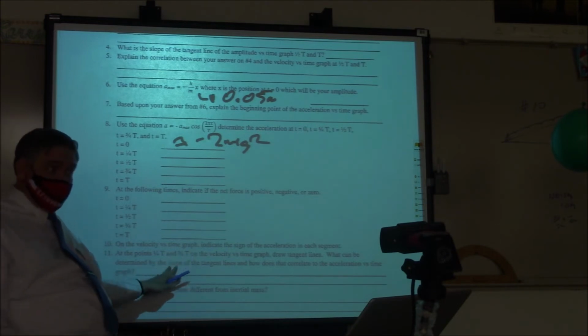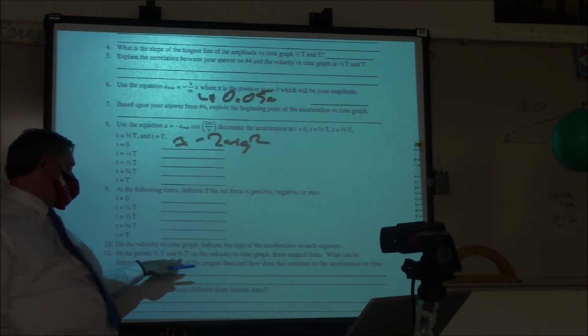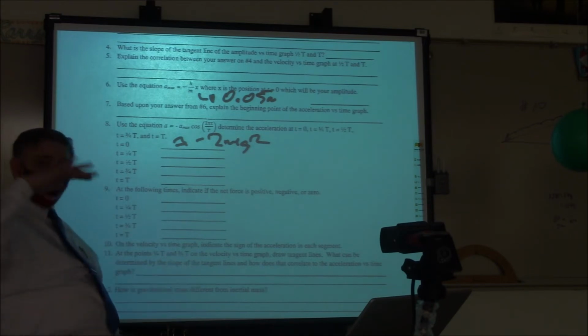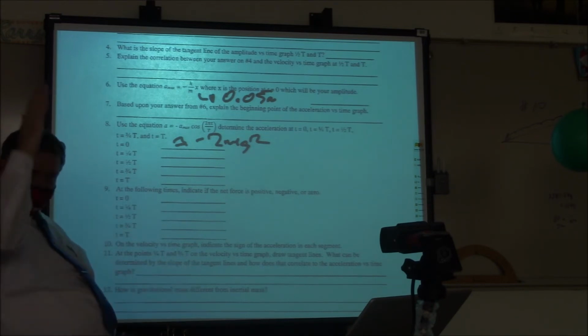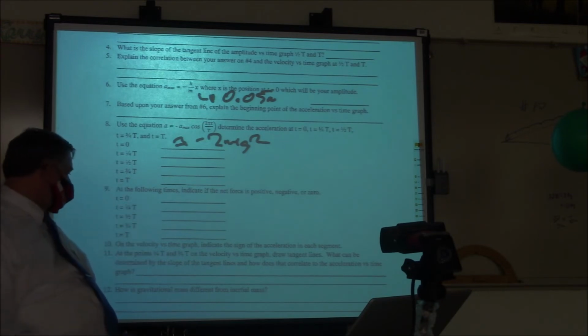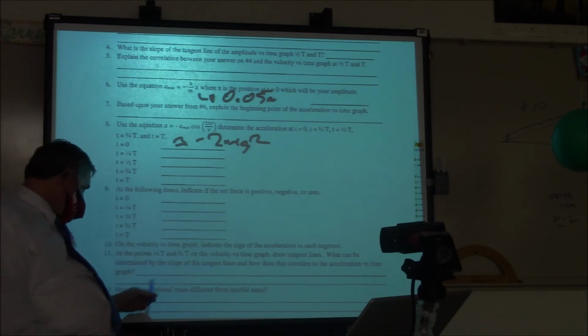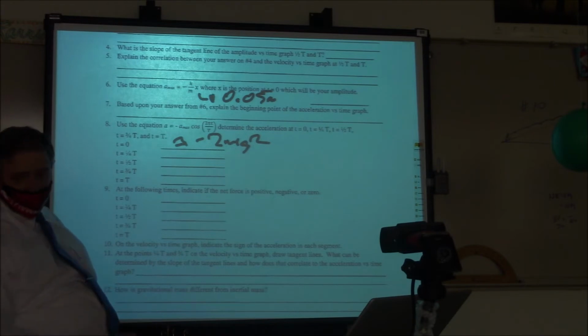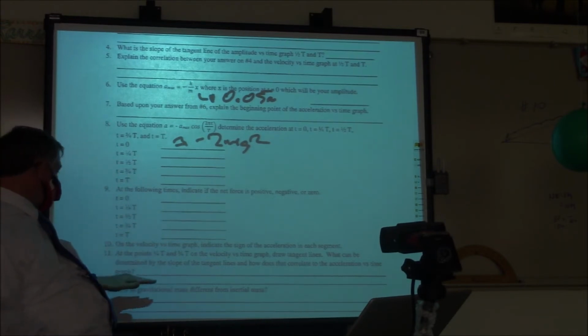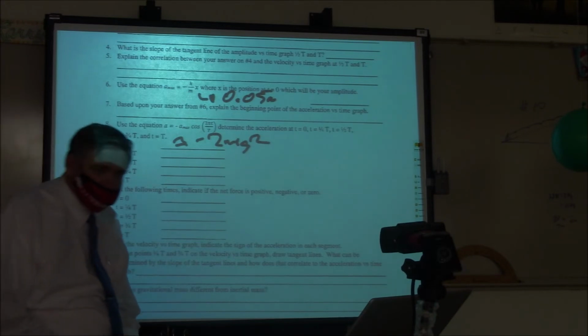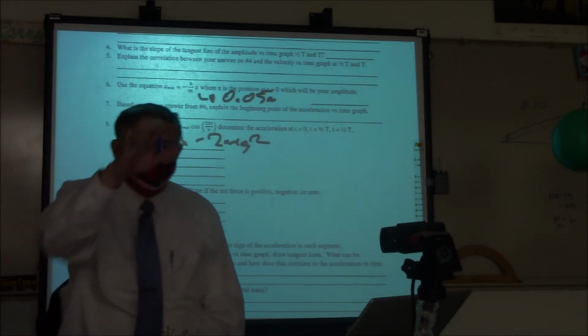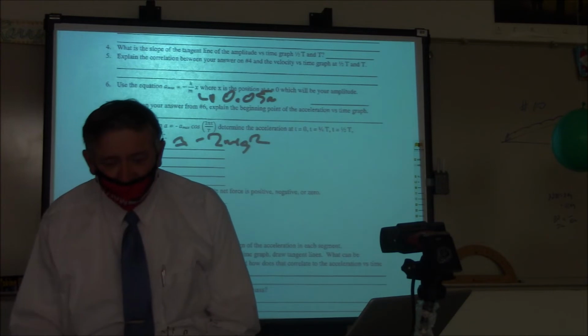You're going to go only at 2 places, 1/4 t and 3/4 t, and draw tangent lines at those. Sloping, horizontal, whatever that's going to be. And then how does that correspond to the acceleration time graph? So I'm going to stop talking, go ahead and work through number 11.